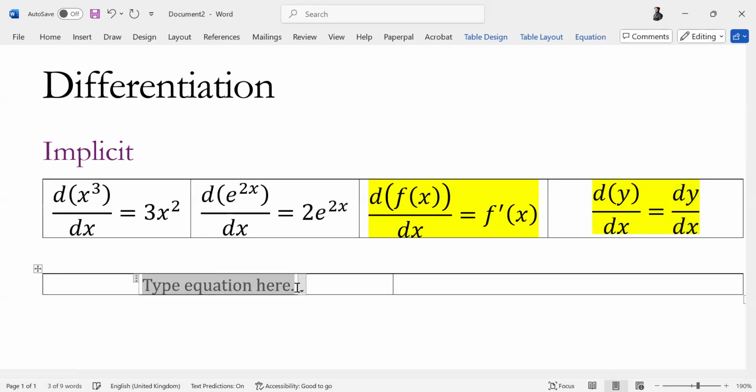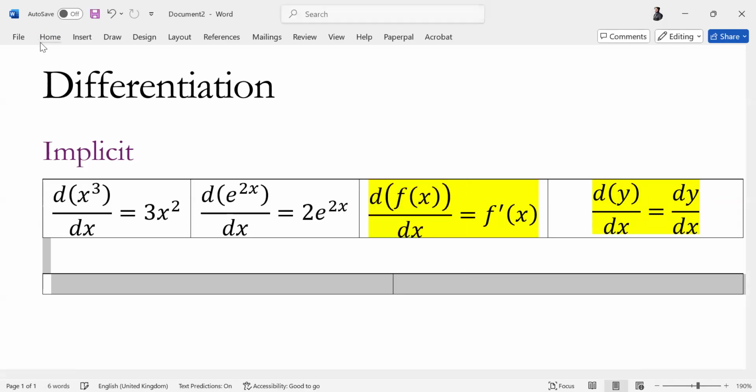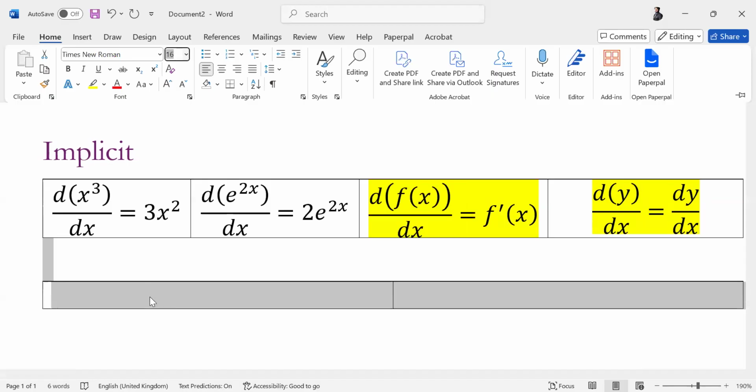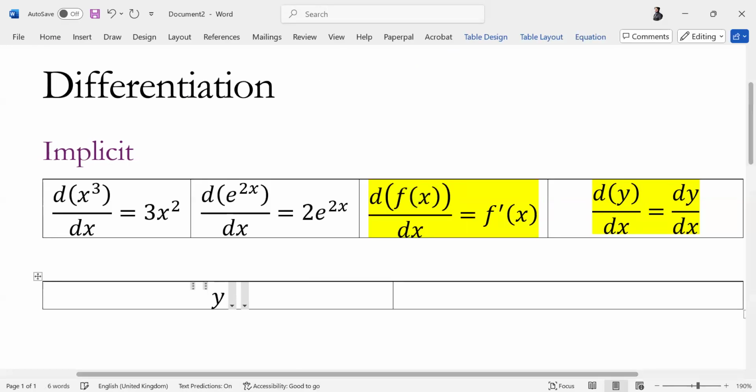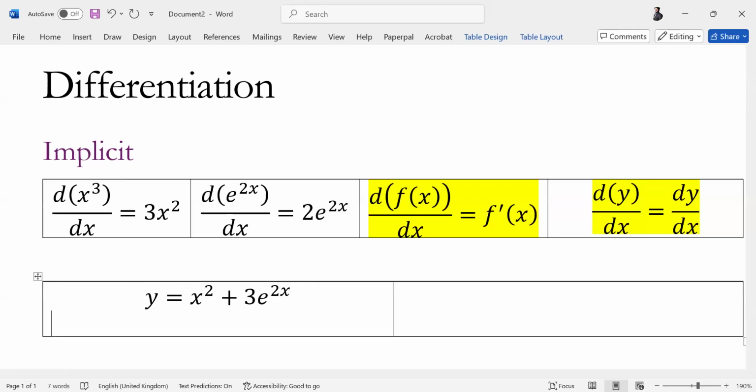If I have y is equal to x square plus 3e to the power 2x. And if I tell you to differentiate, what is the derivative?